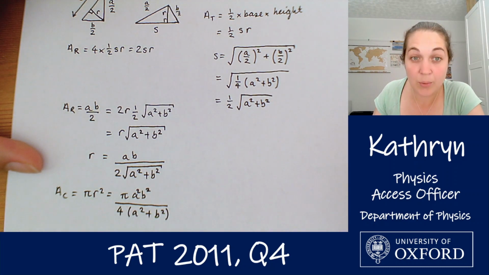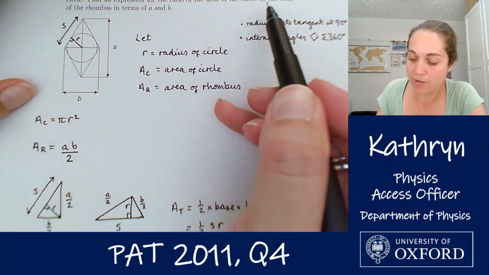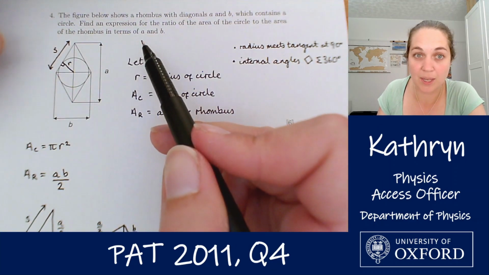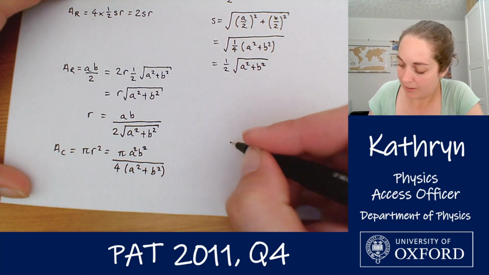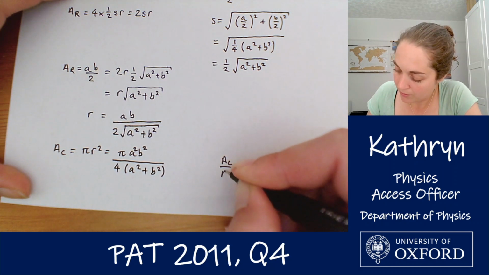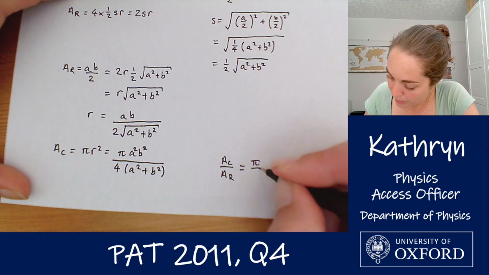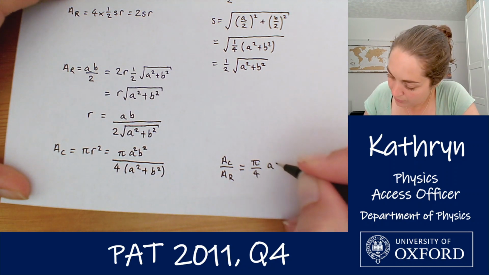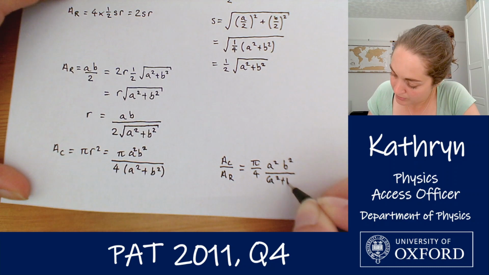And so now we've got our expression for AR, which is AB over 2. We've got our expression for AC, which is this thing here. And finally then, we can do the ratio, which is what it originally asked us for. The ratio of the area of the circle to the area of the rhombus in terms of A and B. So AC over AR equals pi by 4 A squared B squared divided by A squared plus B squared.